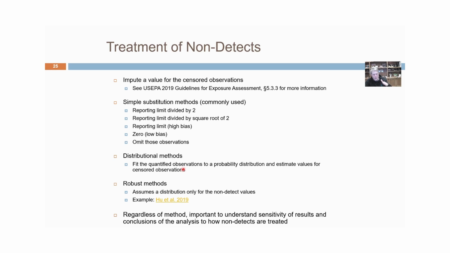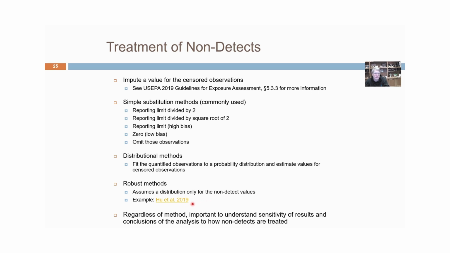If you know the distribution parameters, like the geometric mean and the geometric standard deviation, you can estimate, say, the 10th percentile, the 5th percentile, the 1st percentile, even if the measurements themselves were non-detect. So that's what the distributional method is. The robust method is similar to the distributional methods, but it differs in that it assumes a distribution only for the non-detect values. I refer you to the literature to learn more about this.